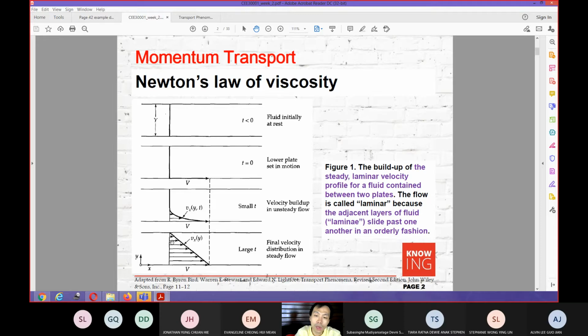Why do we call it momentum transport in the y direction? Because the velocity in this layer is imparted to the velocity in the next layer, and that in turn is imparted to the next. What makes the velocity at this particular layer is because the bottom layer is moving. Okay, so that's why the momentum transport is in the y direction.